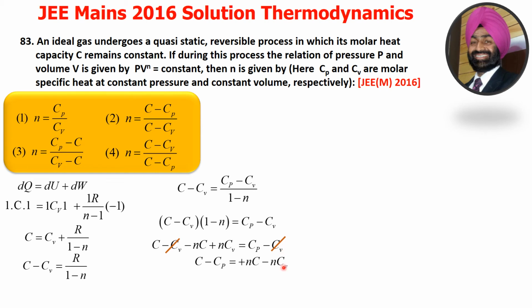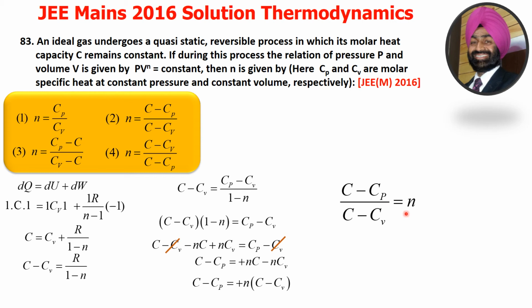Since we are interested in the value of N, take N common. So you are left with C minus Cv on the right hand side and C minus Cp on the left hand side. Now simply divide by C minus Cv to get the value of N. So our answer is C minus Cp over C minus Cv equal to N.